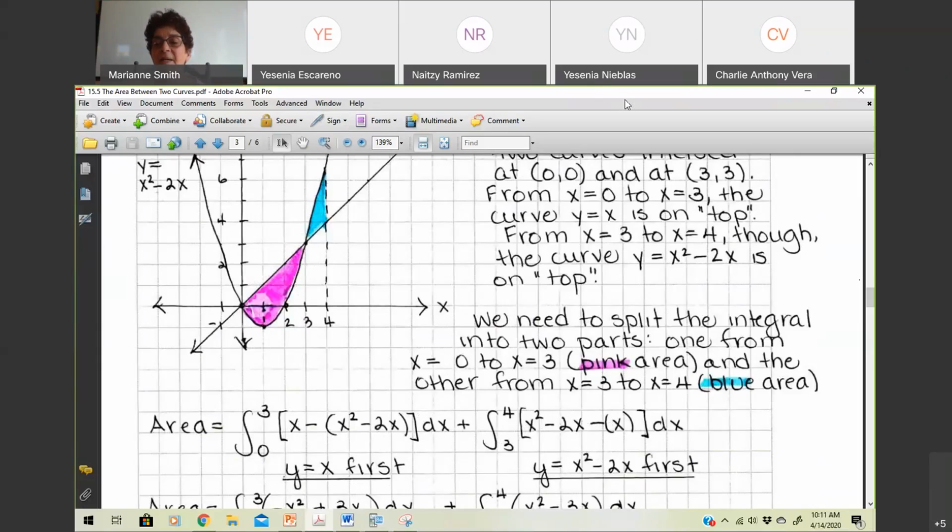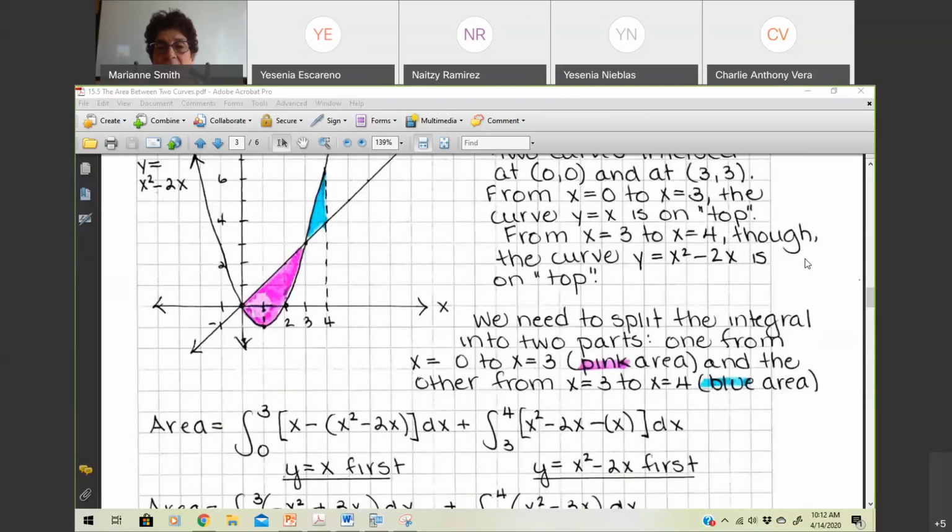So let me stop and ask, does the split integral, the divided integral, make sense? Do the two integrals and their bounds make sense? Just give me a yes or a no. And if you have a no, ask me a question about it.